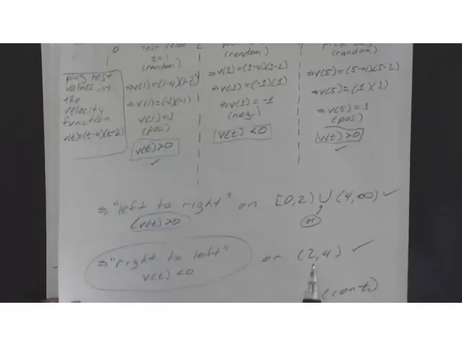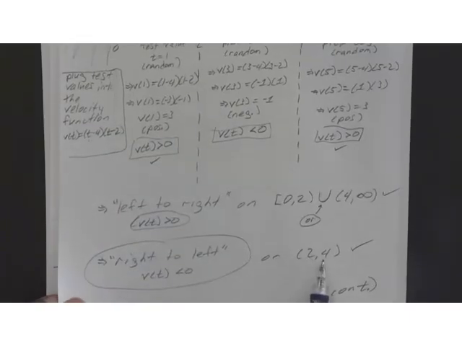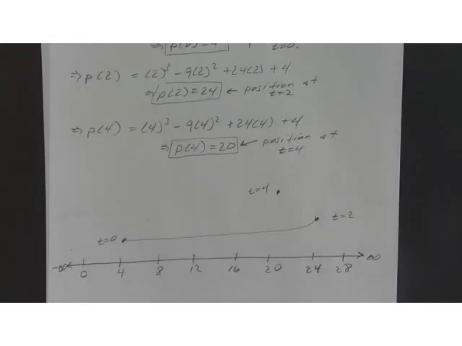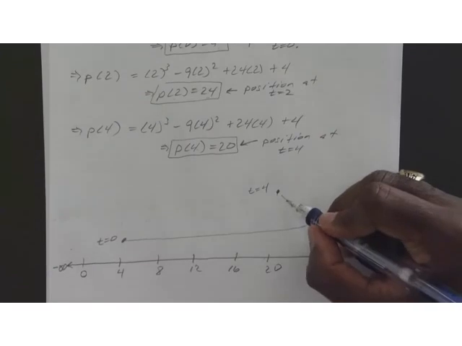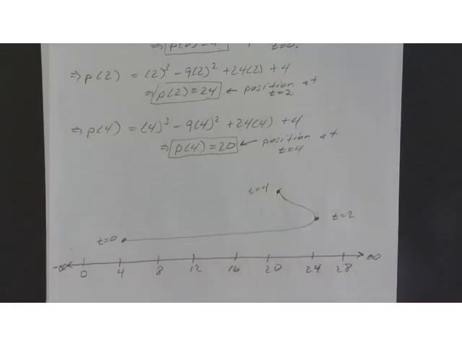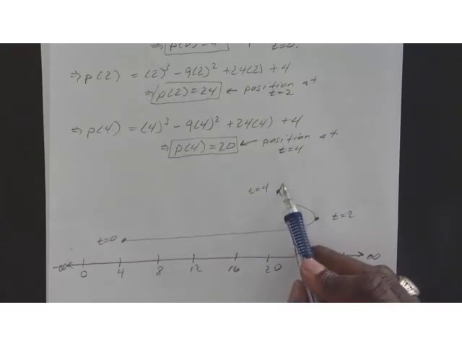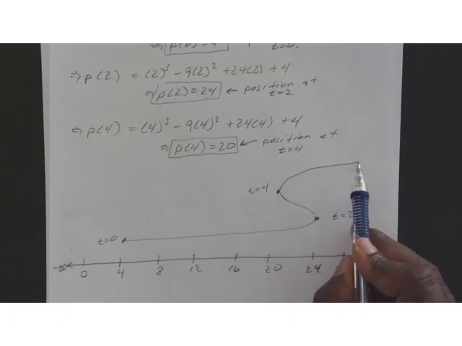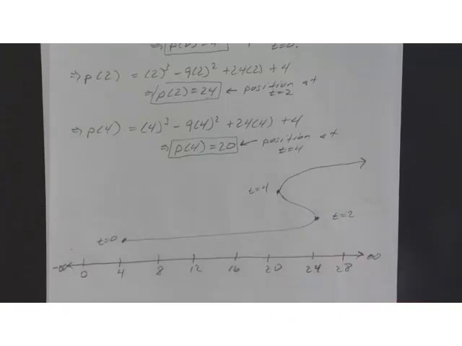And then from t equals 2 to t equals 4, it's going to go right to left. So we'll write it like that and make that our vertex. Again, it goes left to right from t equals 4 to infinity. So it kind of goes like that and keeps on.